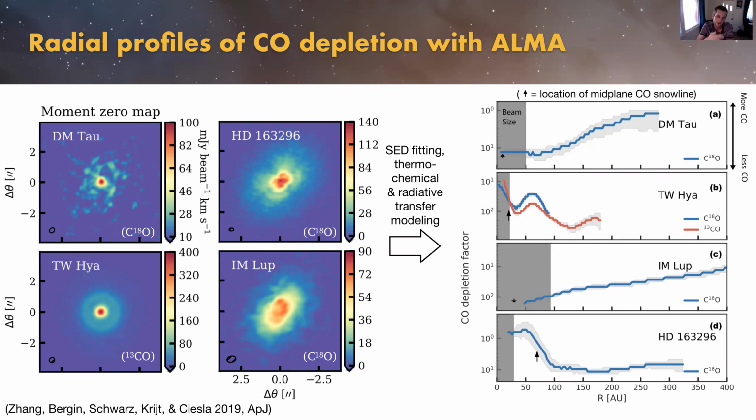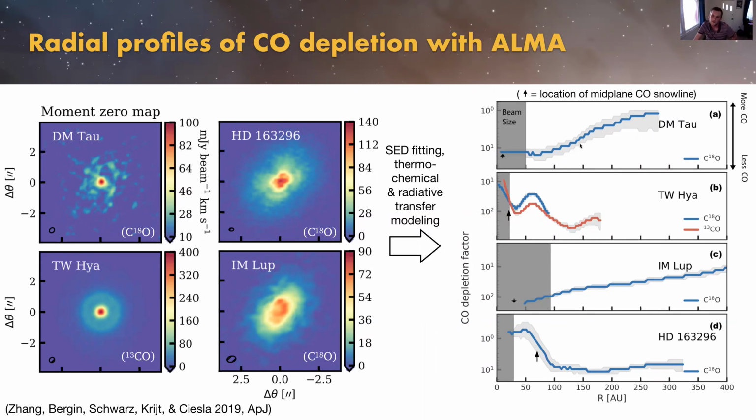So this is what Coco did last year on a paper that Canberra and I also contributed to. So it's DM Tau, HD 163296, IM Lup, and TW Hydra. You take these models, fit them together with the SED using all kinds of fancy codes, and you can find what the CO depletion factor is, so the number by which it's different from the ISM as a function of radius.